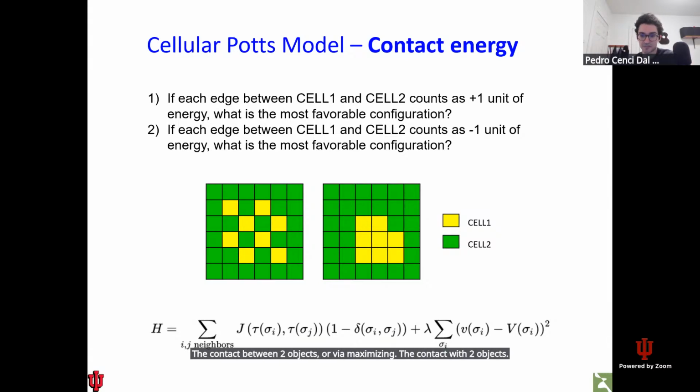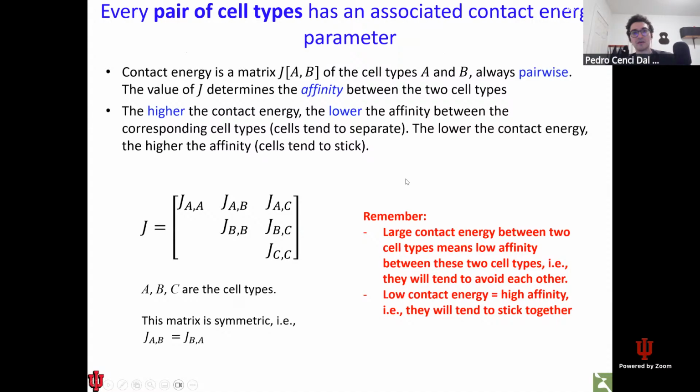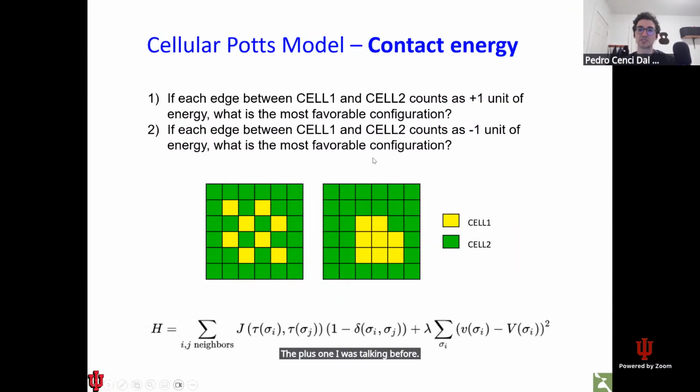And the other concept of volume constraint, where the cell tends to keep its volume close to a target. The +1 I was talking about before, so I had this +1 or -1, this is our contact energy. We'll call it contact energy.